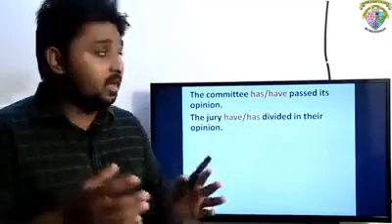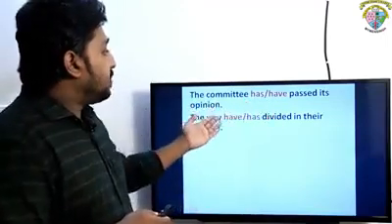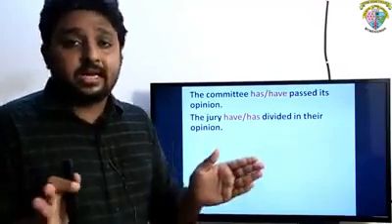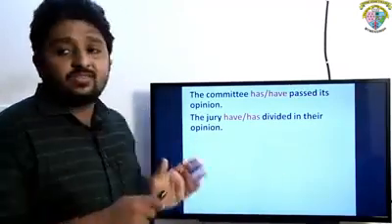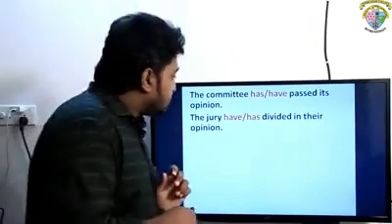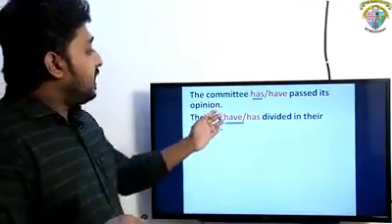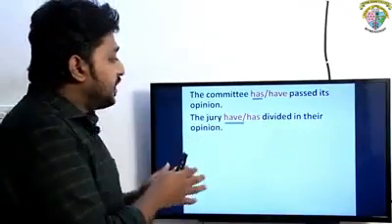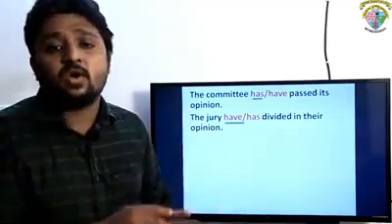They all are plural, but they're the same here. The committee has passed its opinion. They're the same. They are not broken here, and that's why they receive the singular verb. But in the next line, look, the jury have divided in their opinion. Why? Because here the jury is divided in their opinions.